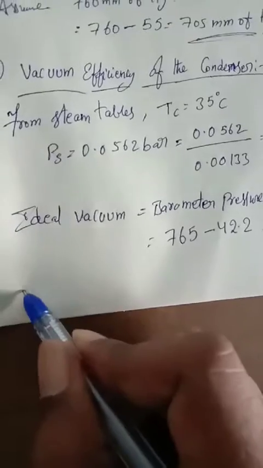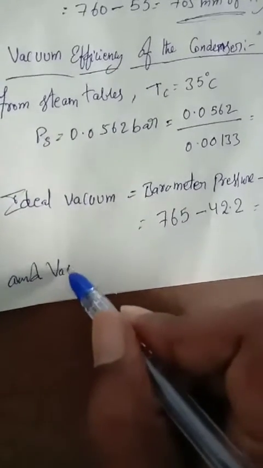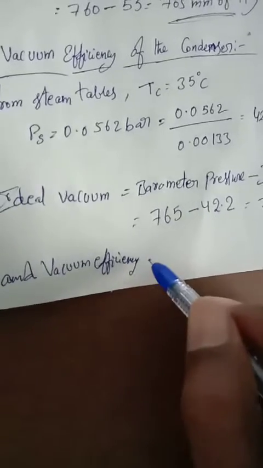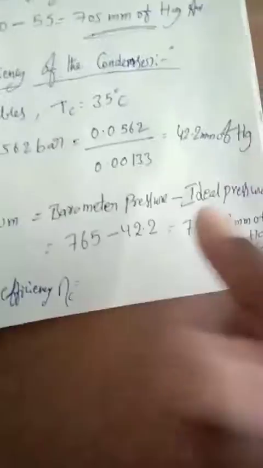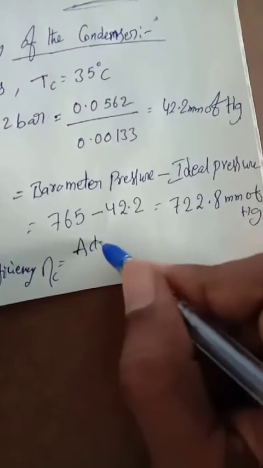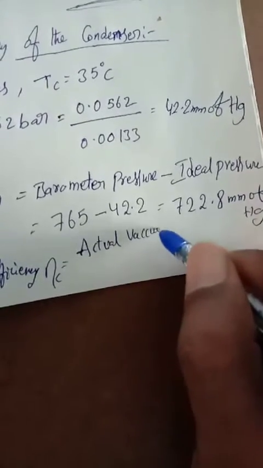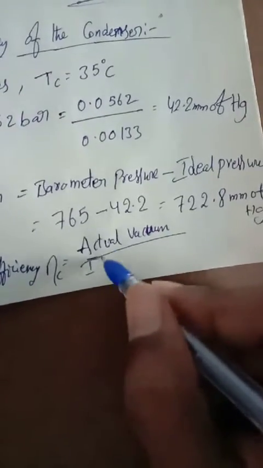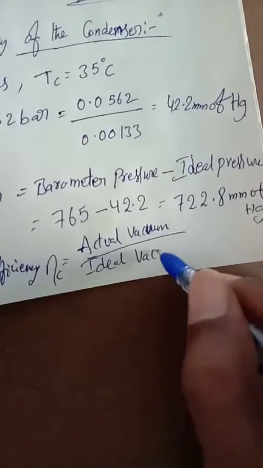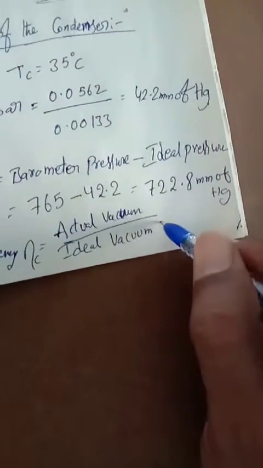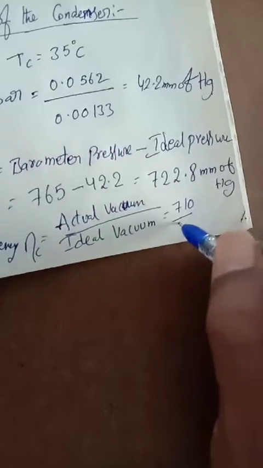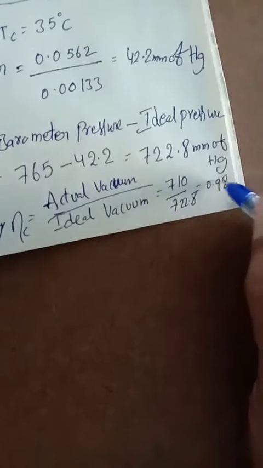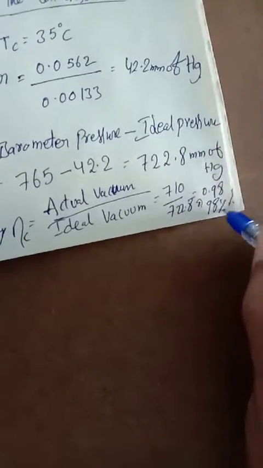Okay, and then vacuum efficiency is equal to actual vacuum by ideal vacuum. So that is equal to 710 divided by 722.8, that is equal to 0.98 or 98%.